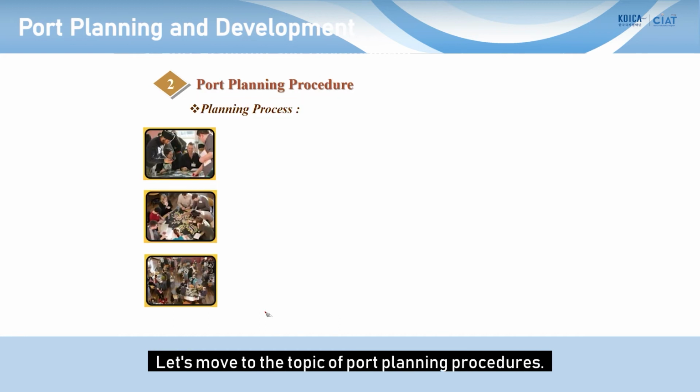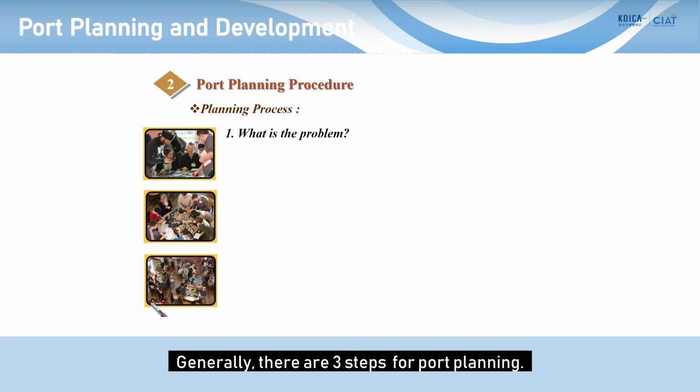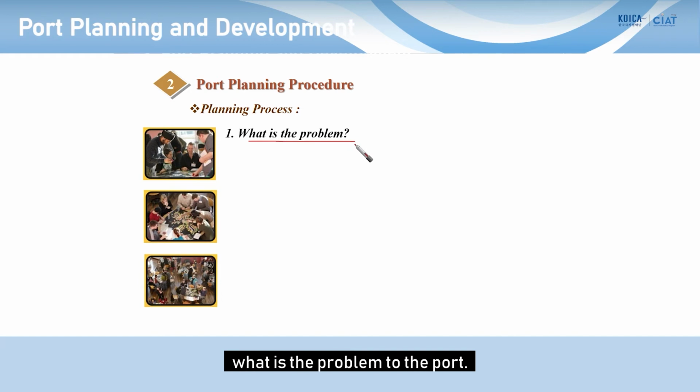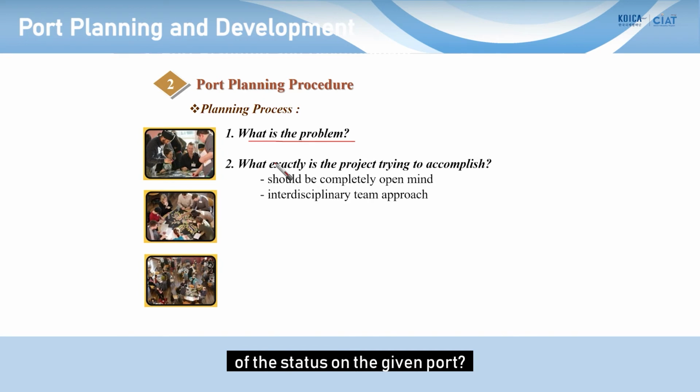Now let's move to the topic of the port planning procedure. Generally, there are 3 steps for port planning. First, you have to figure out what the problem of the port is, which is a step for recognition of the status of the given port. Next is a discussion stage for the target and objective of the port project.